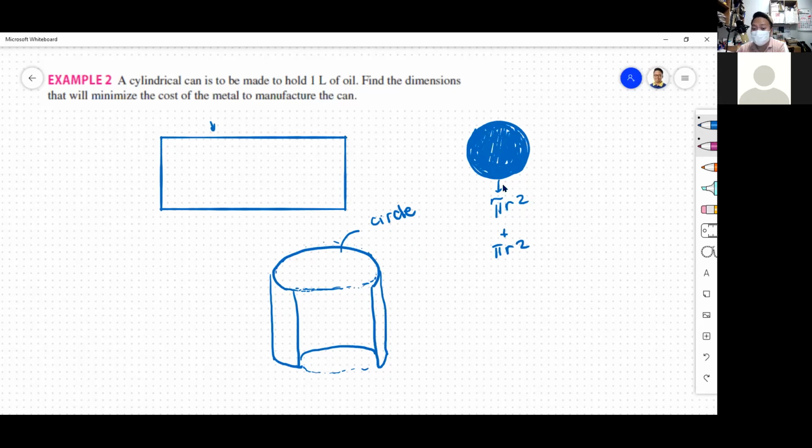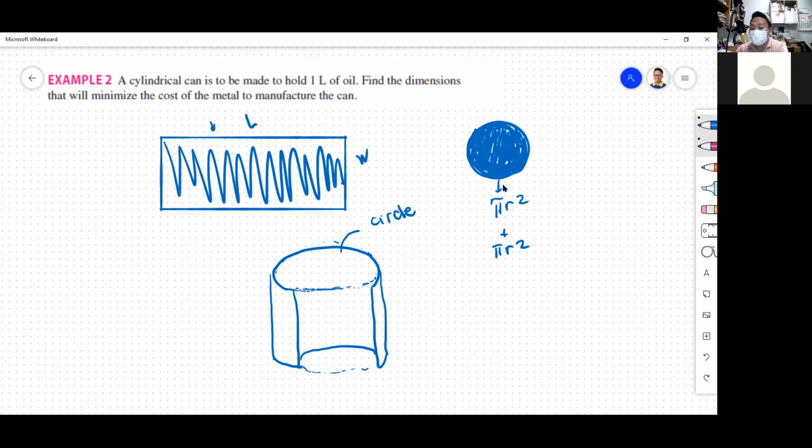Tama? And because we are making a can, we are considering the area of this rectangle here, which is the length and the width. What is the area of a rectangle? We're given the area of the rectangle equals length times width. Agree?